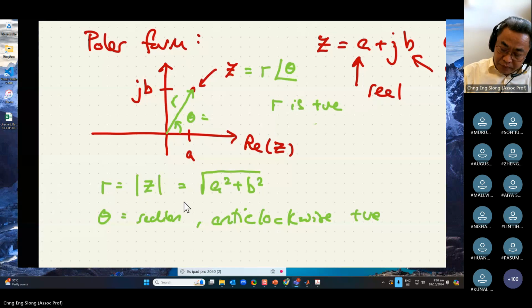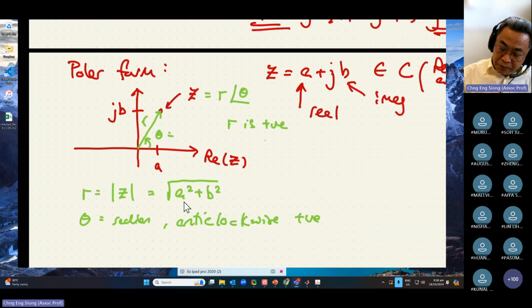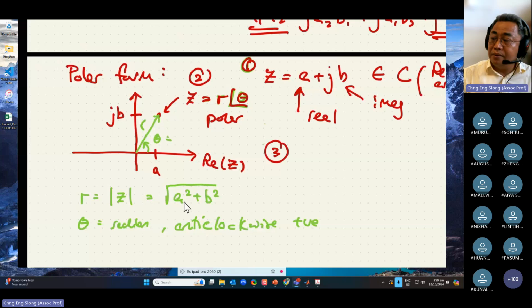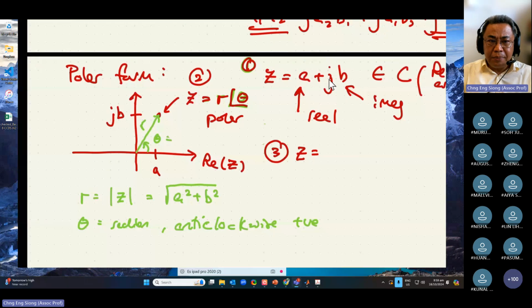Now, if you have these two forms already, I have form number 1 and form number 2. This is called the polar form. Number 3, guess. Z equals R theta. This is the polar form, right? But couldn't I get A and B back from R and theta?